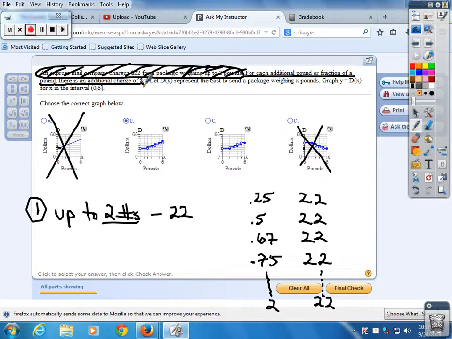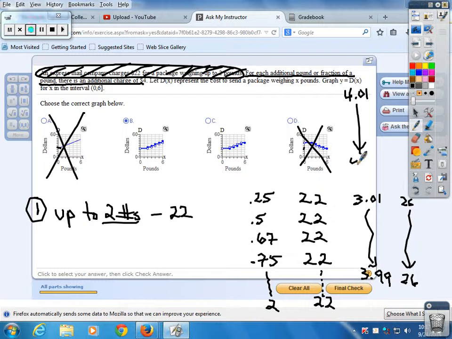So let's just graph 3 pounds, 3.01 all the way to 3.99 pounds. What is your Y going to be? Well, 22 plus 4, so 26, all the way across. And then for 4 pounds, 4.01 to 4.99, what's it going to be? 26 plus 4 is 30.